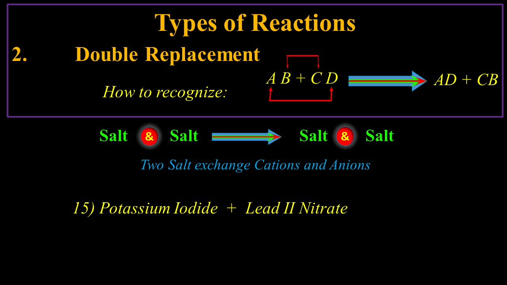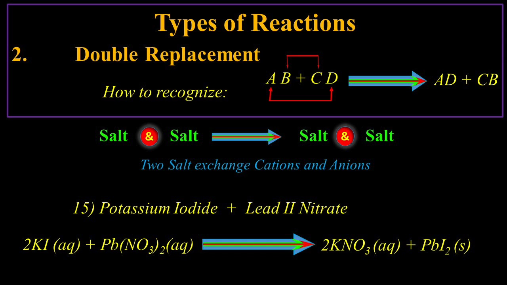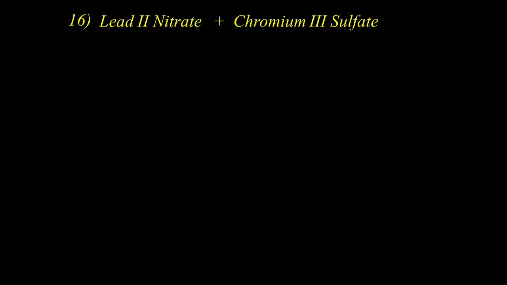So it's potassium iodide plus lead-2 nitrate yields potassium nitrate plus lead-2 iodide. I'm not sure I said that right. So let's do some examples, and you can see how it's balanced, and you're balancing the nitrates on either side.